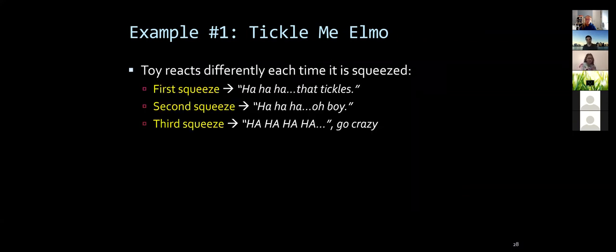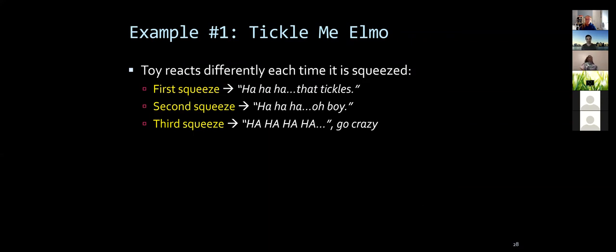Okay, what's the best way to think about it? Let's use our Elmo again. I hope a lot of you have seen it before, and I posted a video, but let me remember how it works. This toy reacts differently every time we squeeze it. Despite being very simple, it's actually not combinatorial logic inside of it. It's actually a sequential circuit. The first time I squeeze it, it says, ha, ha, ha, that tickles.